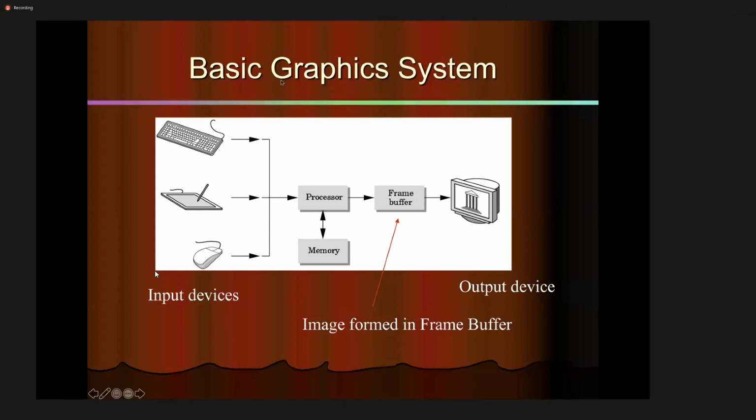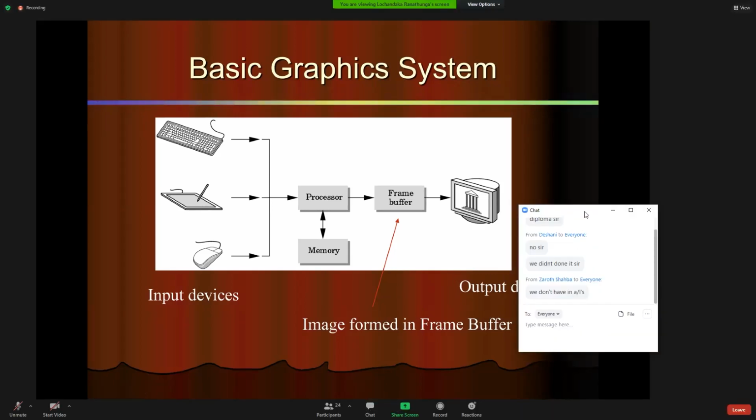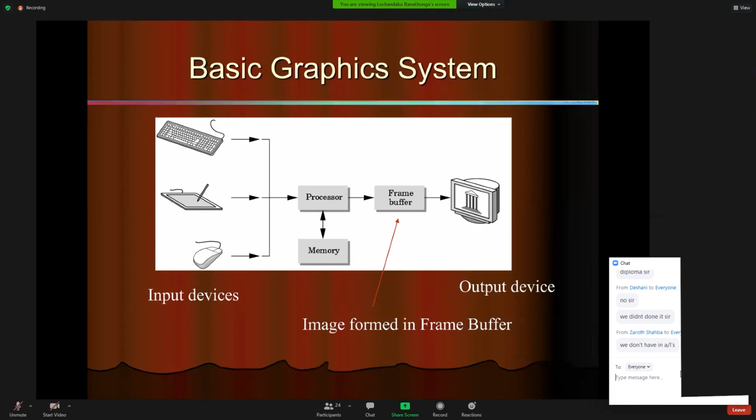One is asking what a frame buffer is. I'm going to talk about the frame buffer next time also, but since that person is curious, let me tell you what a frame buffer is. When you are creating one screen here, you can see one screen.